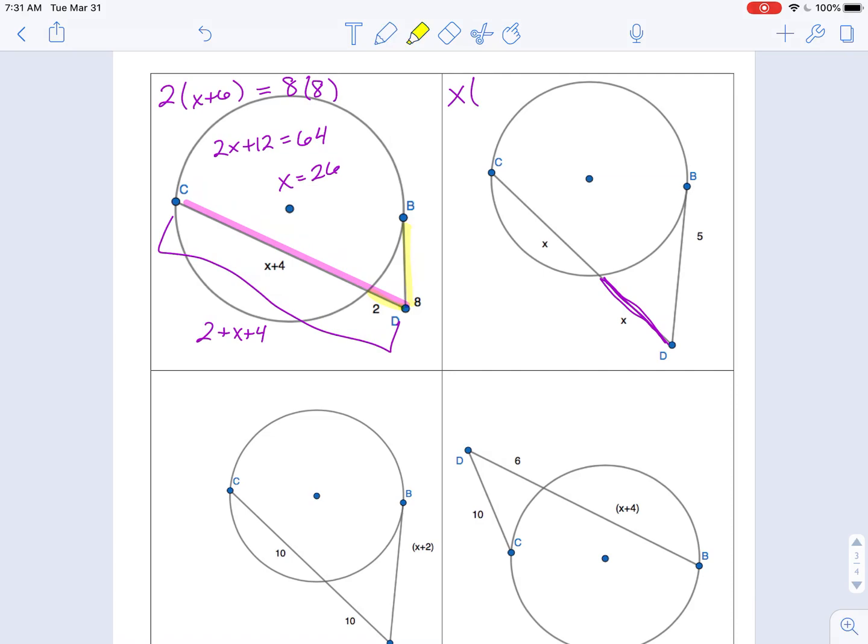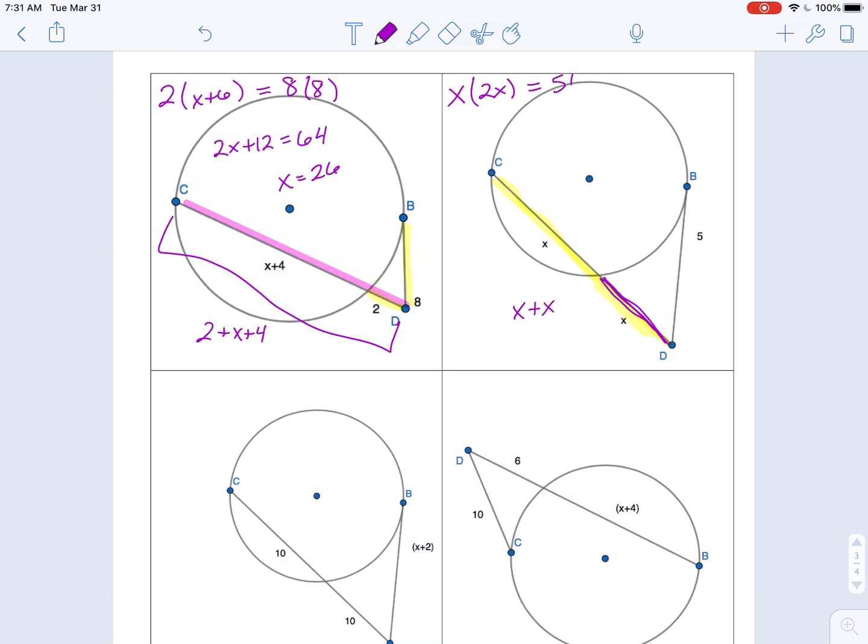So here I've got x is the part outside the circle. But be very, very careful here. What's the whole secant? What's the whole thing here? Well, it's not just x.